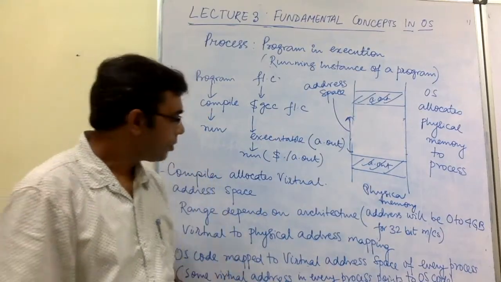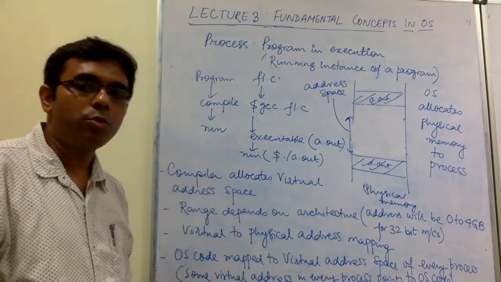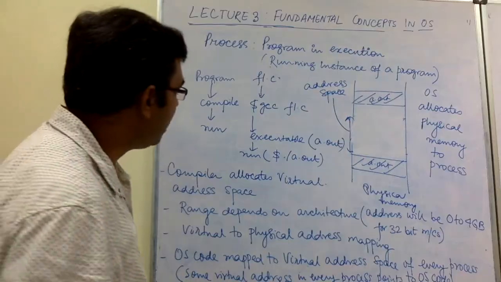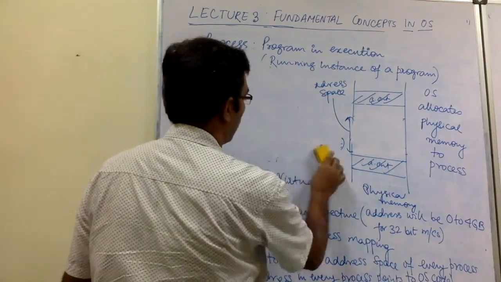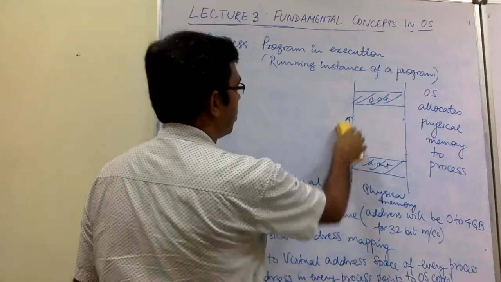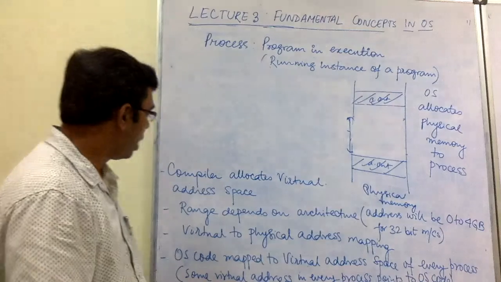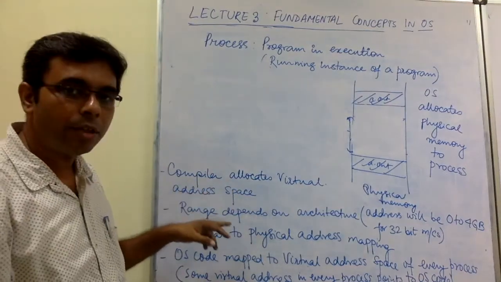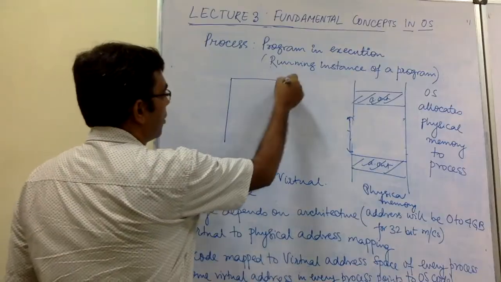Okay. Now, in addition to this actual storage, the compiler also does something. The compiler also allocates a range of addresses to this particular process, and this range of addresses that the compiler allocates is called the virtual address.